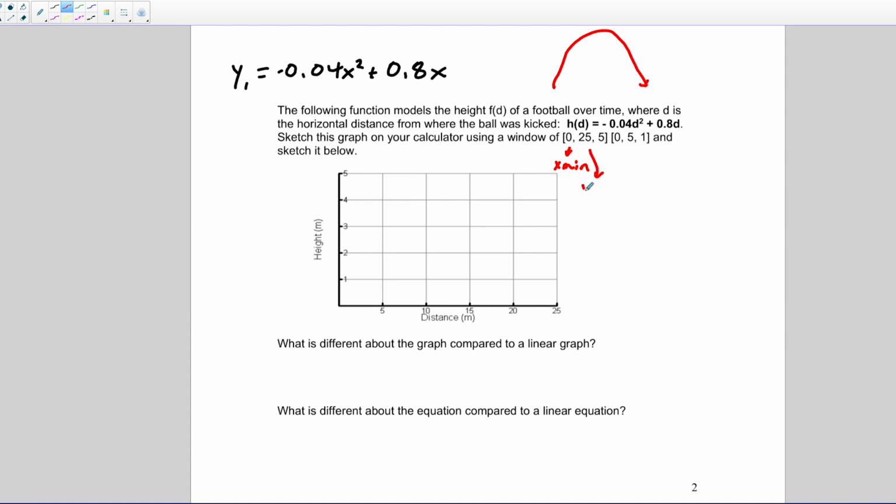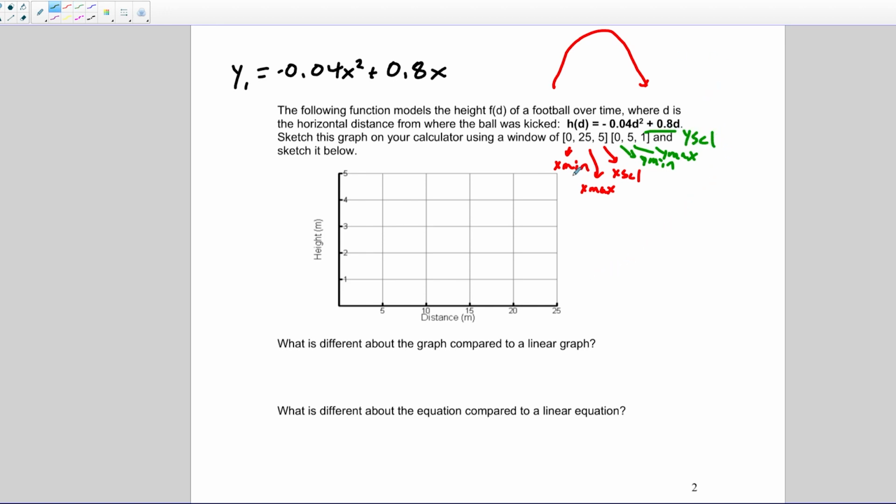This 25 will be your x max, and this 5 is your x scale. On the other hand, for these three settings here, this will be your y min, this is your y max, and finally, this one is going to be your y scale.